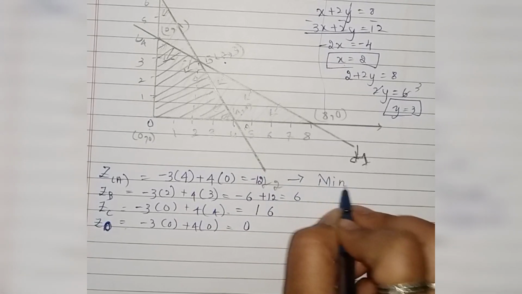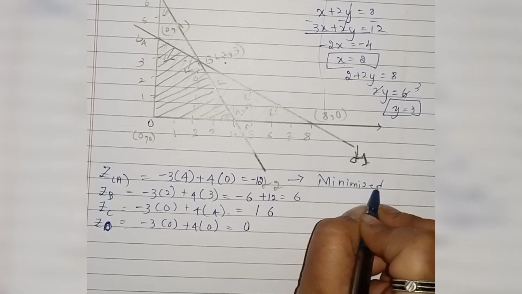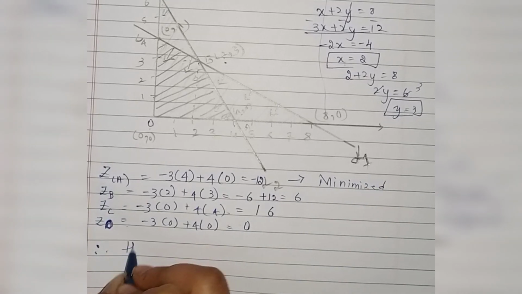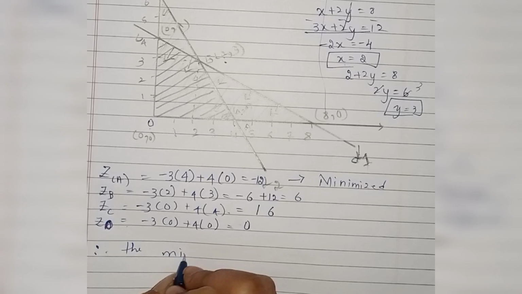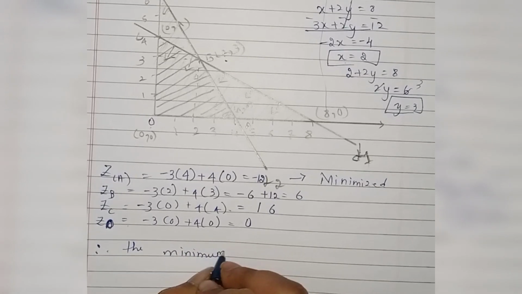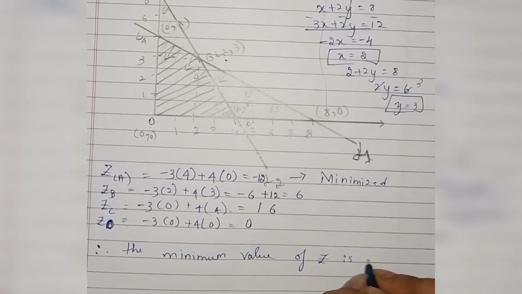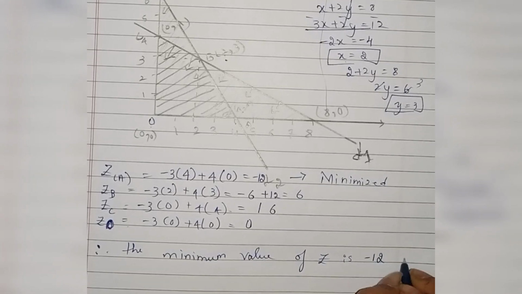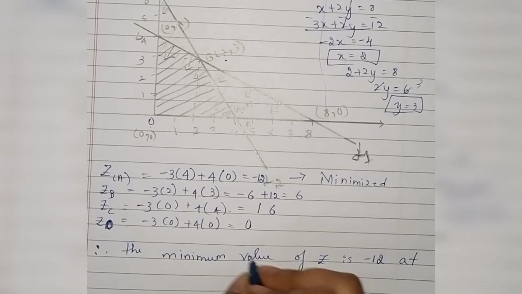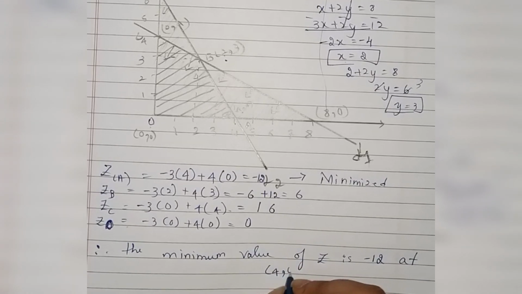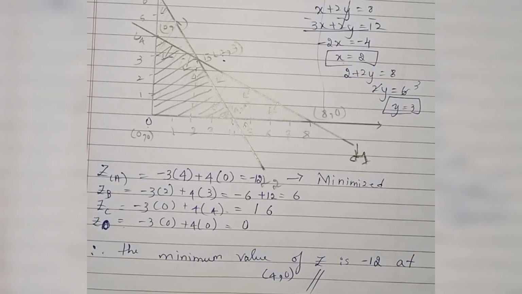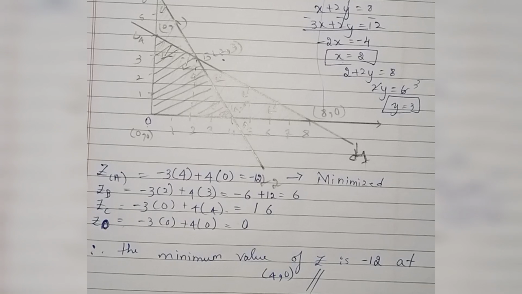Therefore, it is minimized at this point. Therefore, the minimum value of Z is minus 12 at the point 4, 0. So we have found the point where it is minimum.